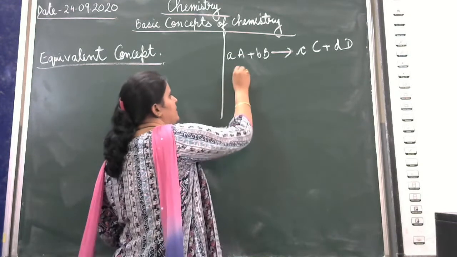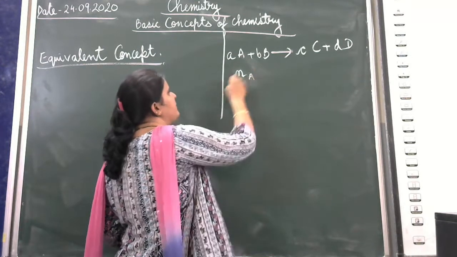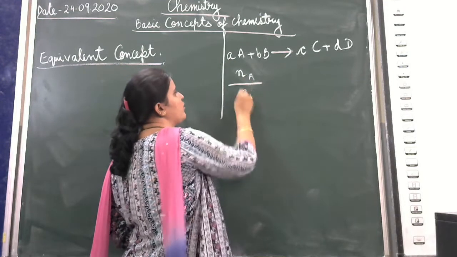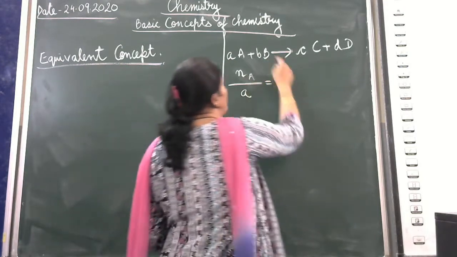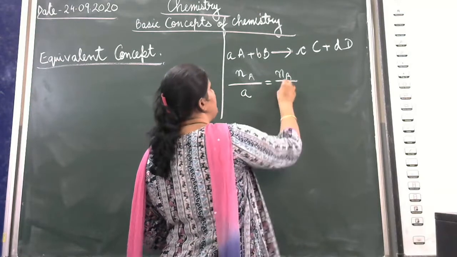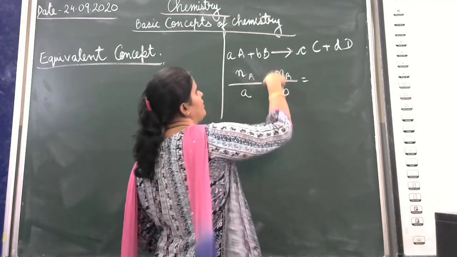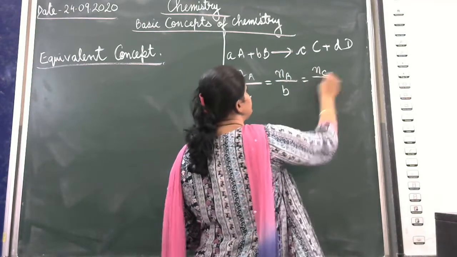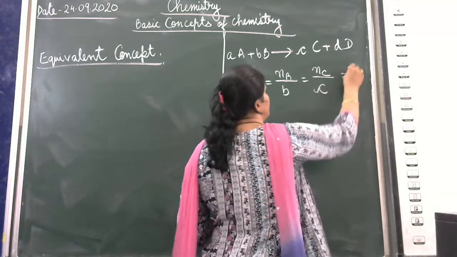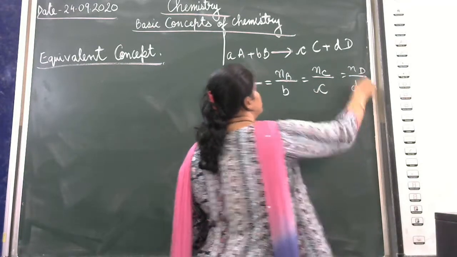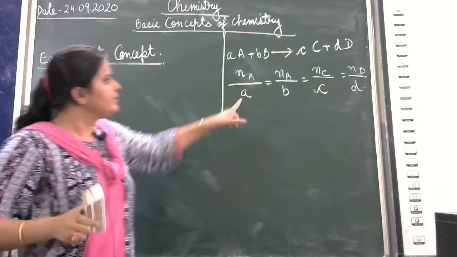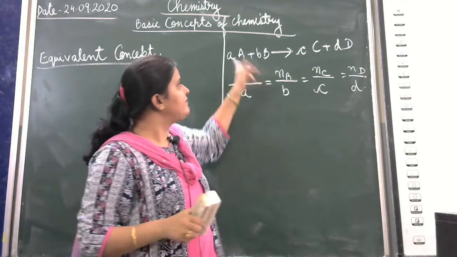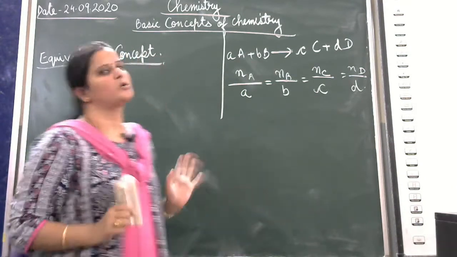If you remember, moles of A divided by its stoichiometric coefficient will be equal to moles of B divided by its stoichiometric coefficient. Similarly, moles of C by its coefficient and moles of D by its coefficient. So I can use this mole concept only when I know the balanced equation.